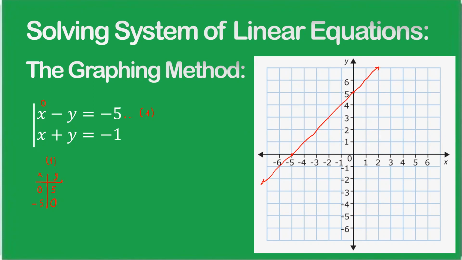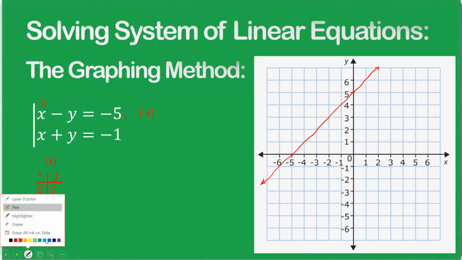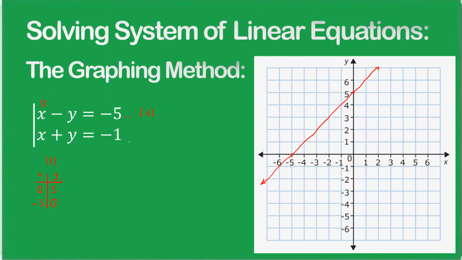Now to get the second graph, I'm going to use a different color. Let's say 2. For the second one we need again a table. x, y, and let's write again 0 instead of x, so y becomes minus 1.